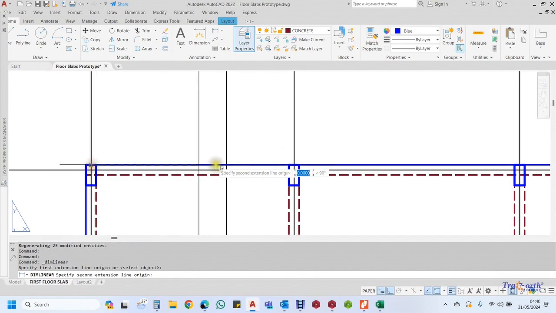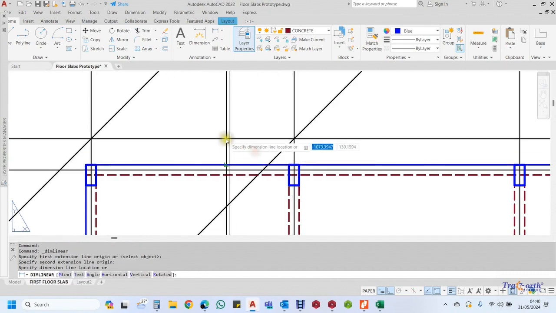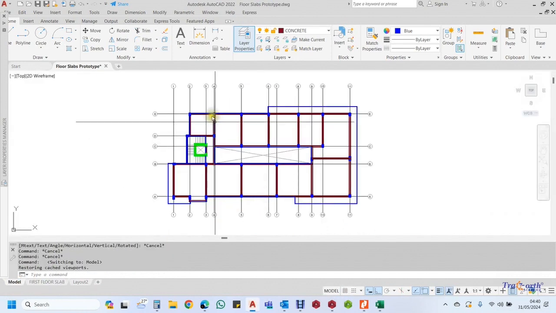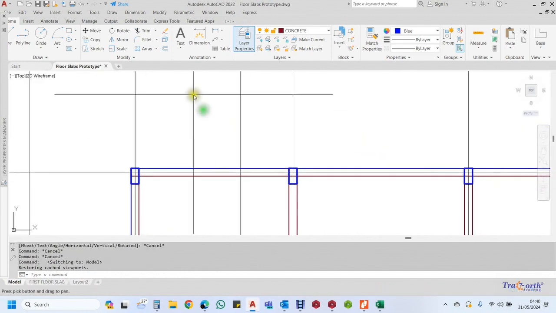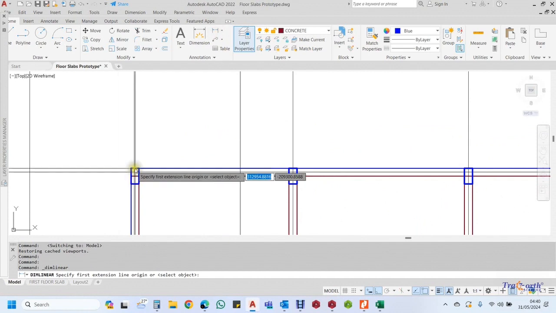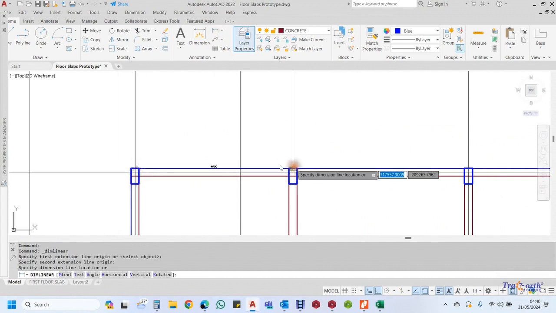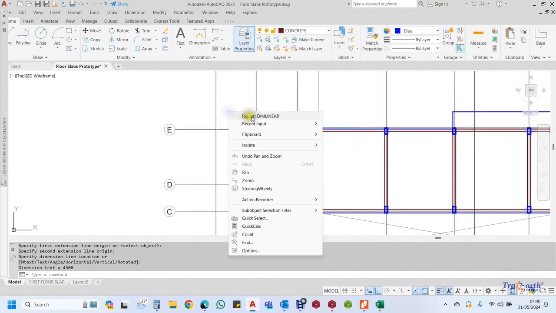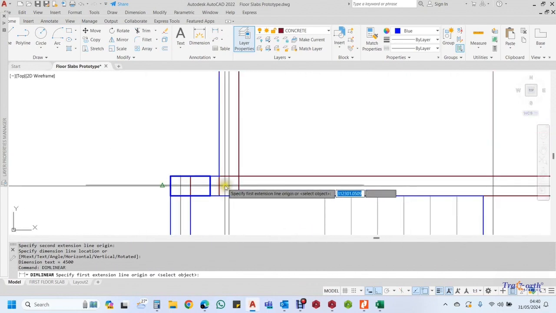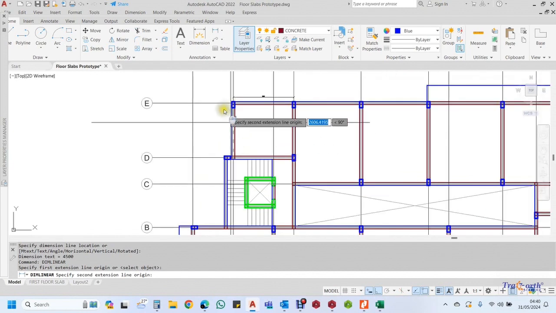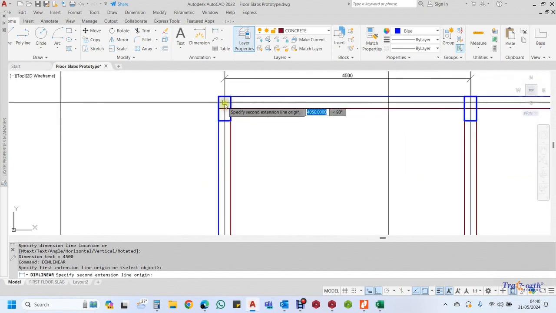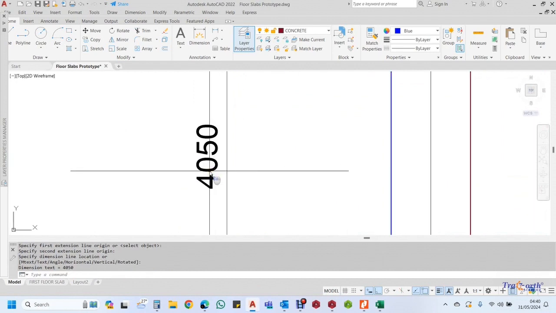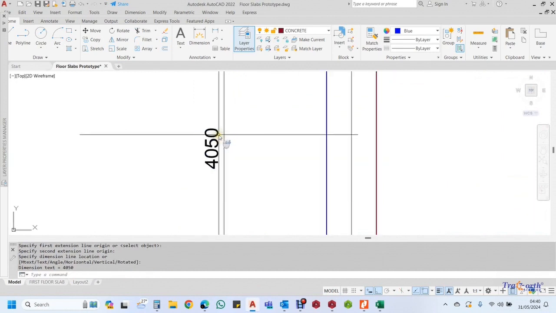When you measure your slab, sorry, let's go back to the model space. So we are going to be measuring, and you measure your slab from this way to this way. This is 4.5 meters. You measure this, this is 4050 millimeter.